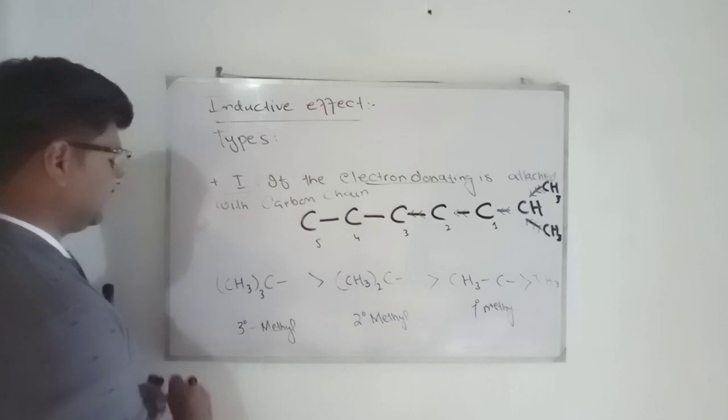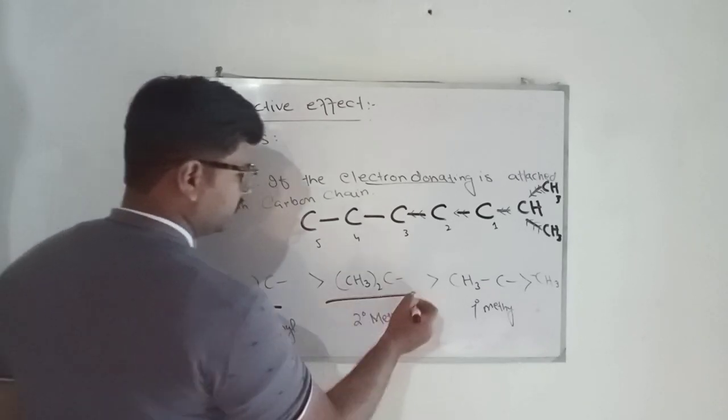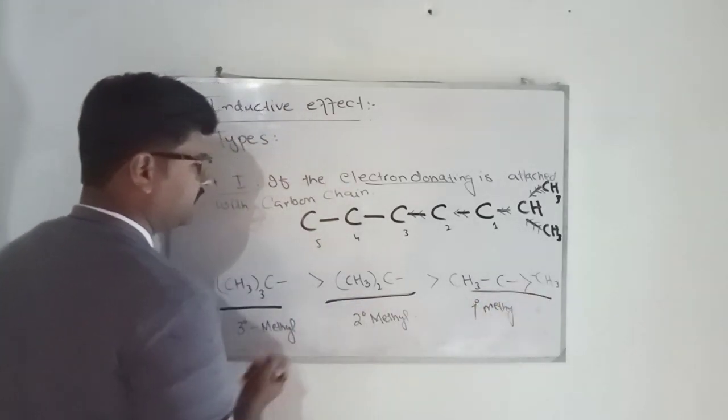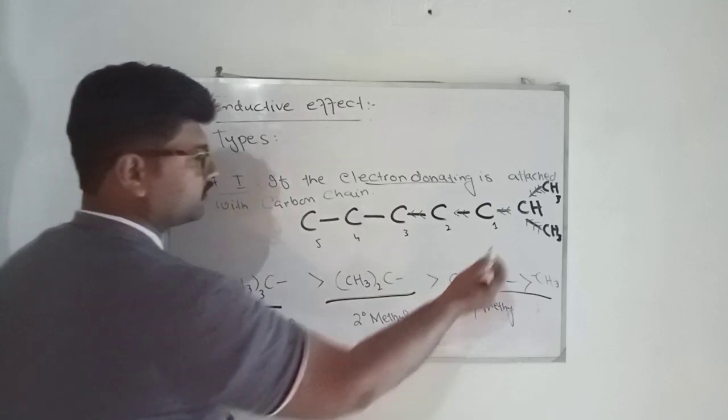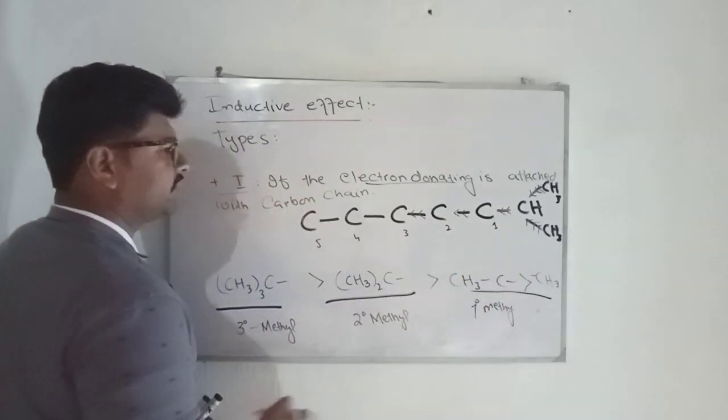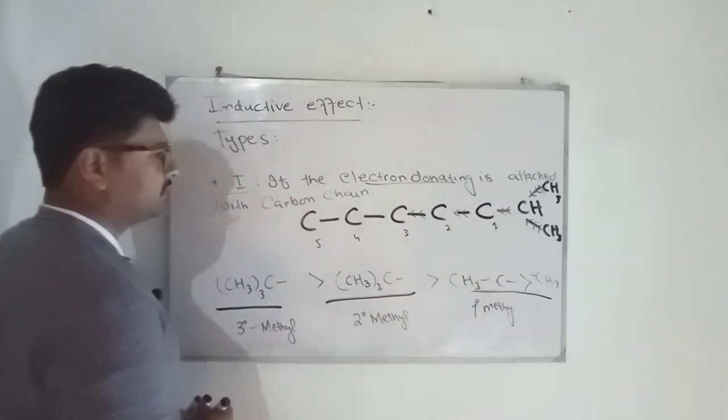So whenever these groups are present within a molecular structure of carbon atom, they will actually donate their electron pairs towards the chain, and thus they will increase the electron density.